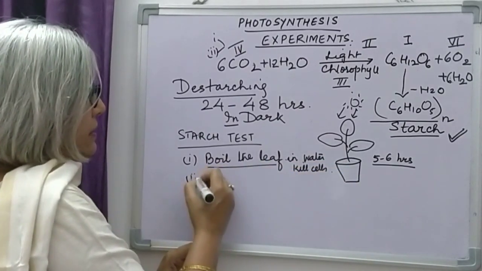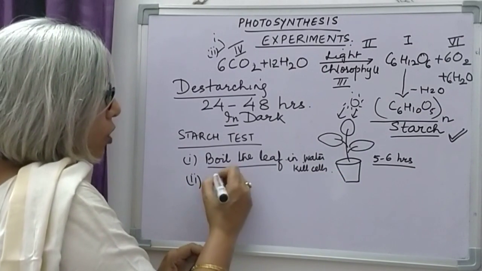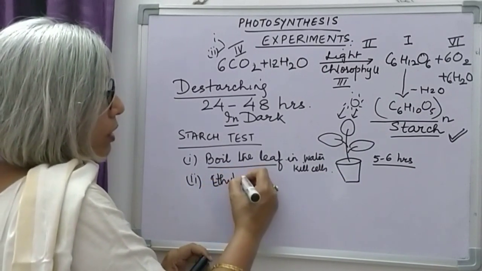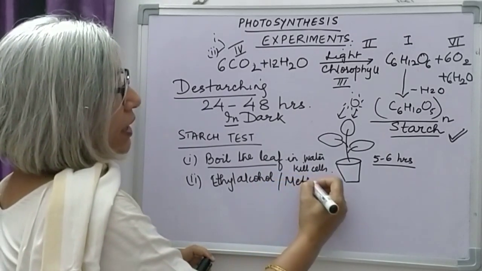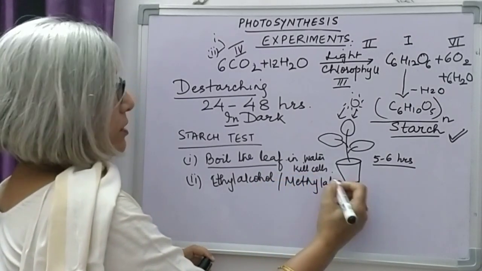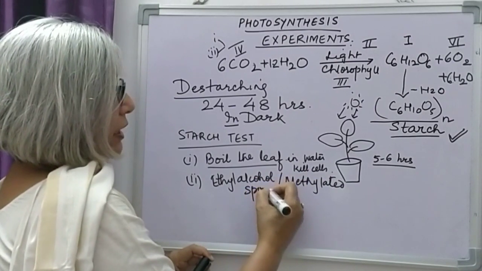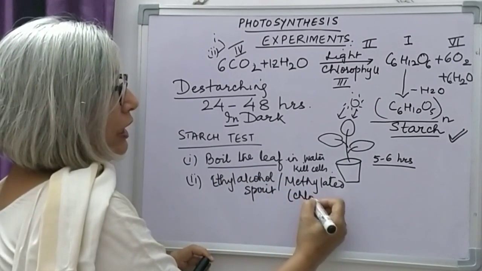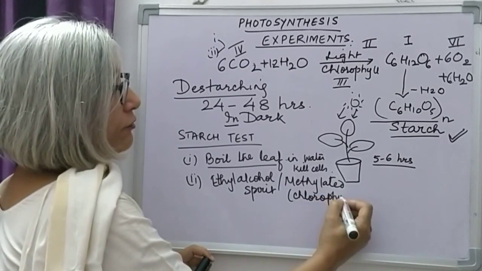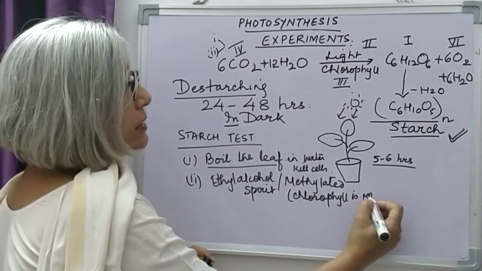Second step is we will put alcohol, ethyl alcohol, or we can even use methylated spirit, and we'll boil the leaf in that. When we do this step, the chlorophyll is removed from the leaf.